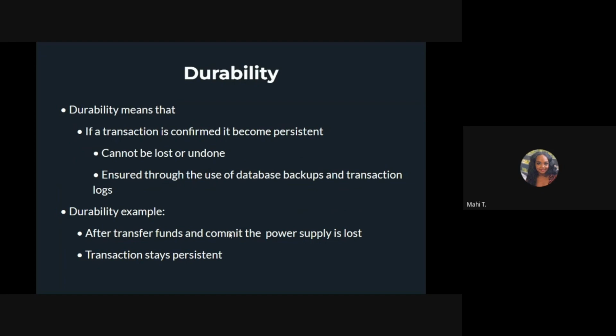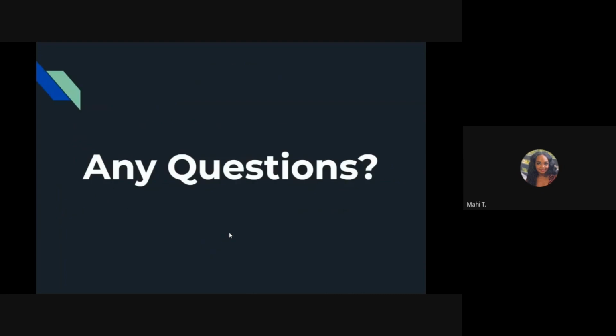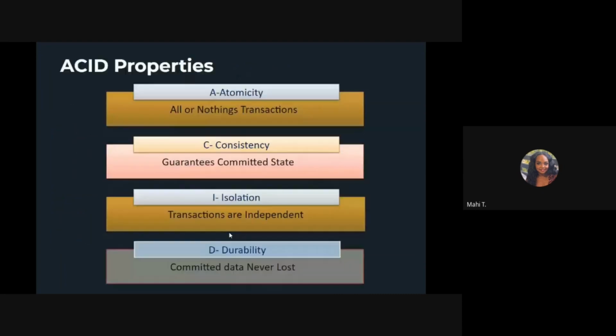Sometimes they take snapshot backups at midnight or things like that. This is what we use to keep transactional durability in SQL Server, this is how we avoid data loss.